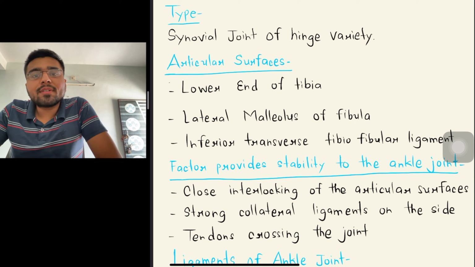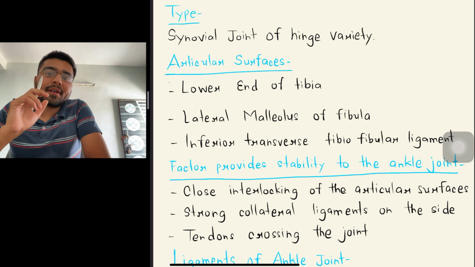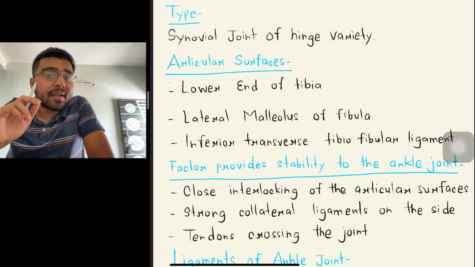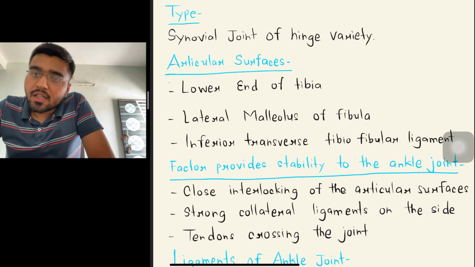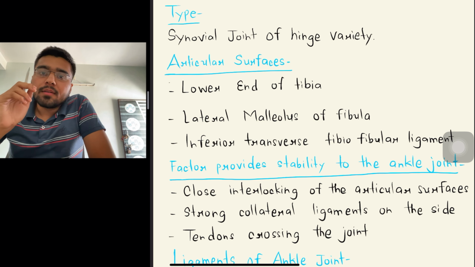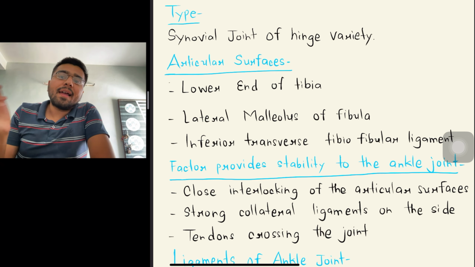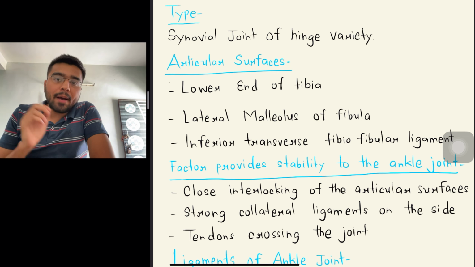Now let us talk about the articulating surfaces of the ankle joint. You have to know that there are only three articulating surfaces of the ankle joint. The first one is the lower end of the tibia. The second one is the lateral malleolus of the fibula.